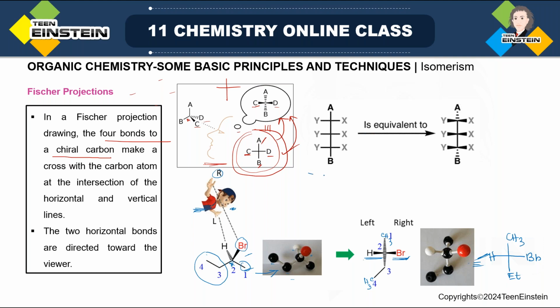So here it is mentioned that this picture is equivalent to this, because ultimately all the bonds are wedge. Solid color I am doing. So as if all the Y and X, they are coming towards you, and A and B away from you.